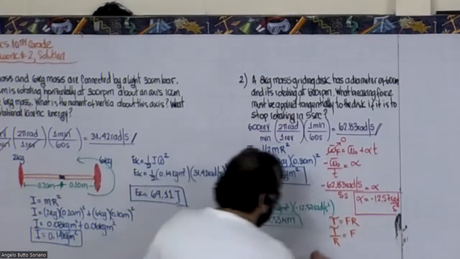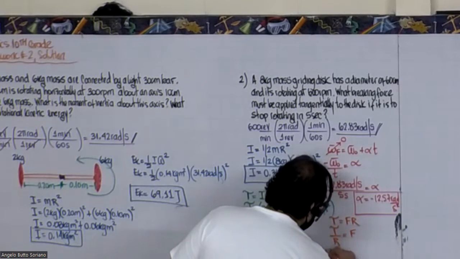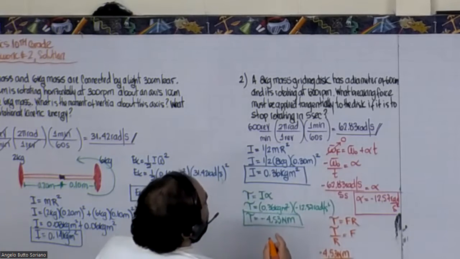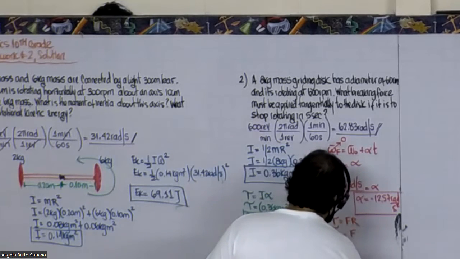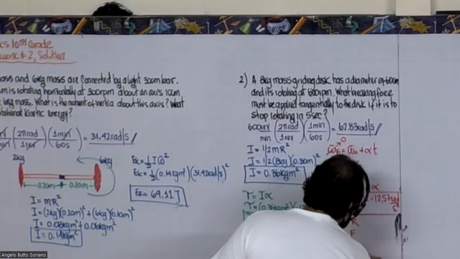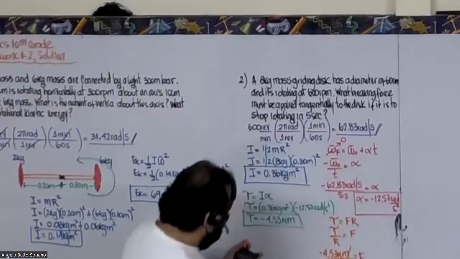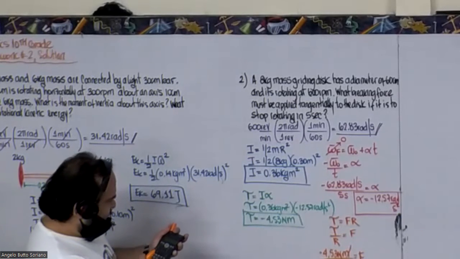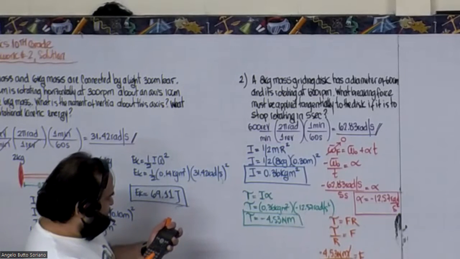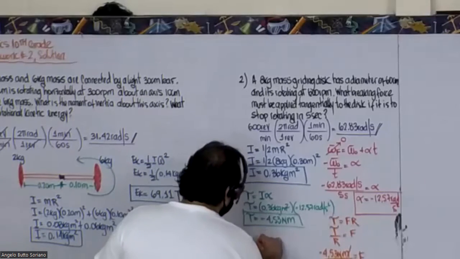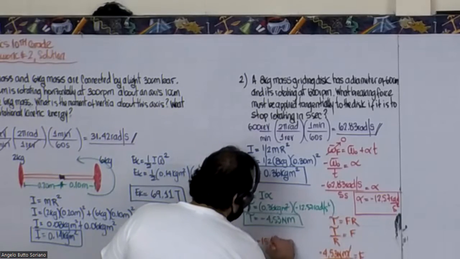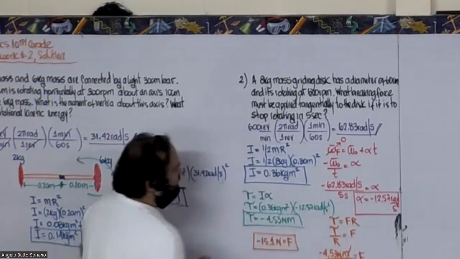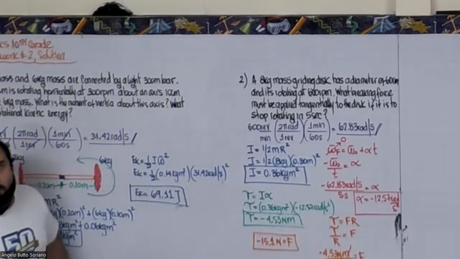So negative 4.53 newton meters divided by the radius, 0.30 meters, gives us the detention force. Negative 4.53 divided by 0.3 is negative 15.1. That is the value for the force.